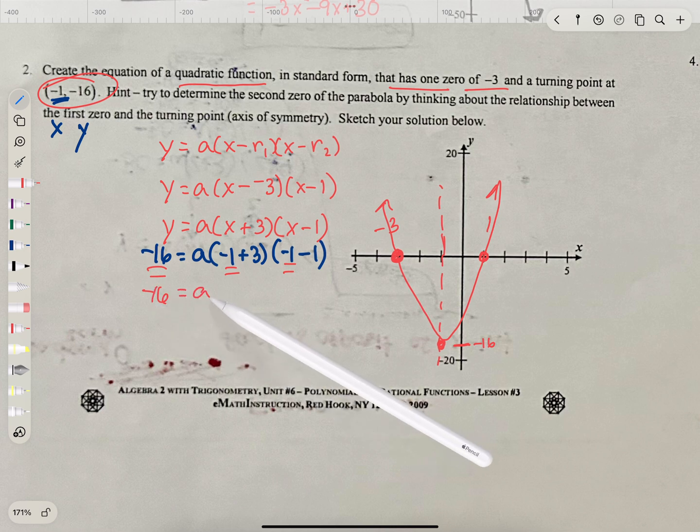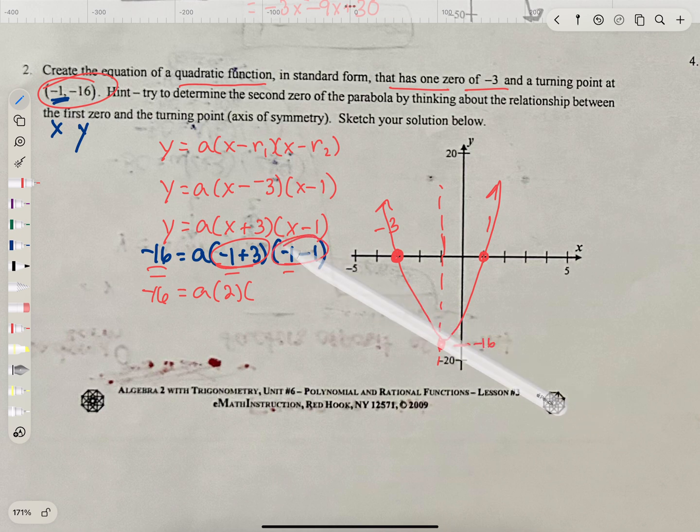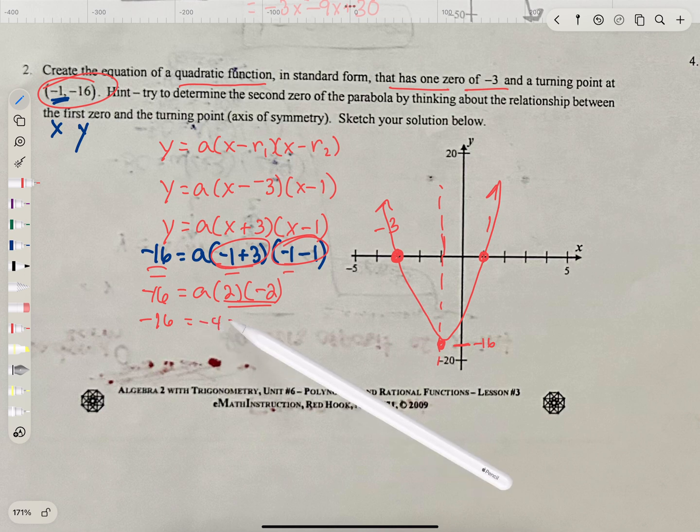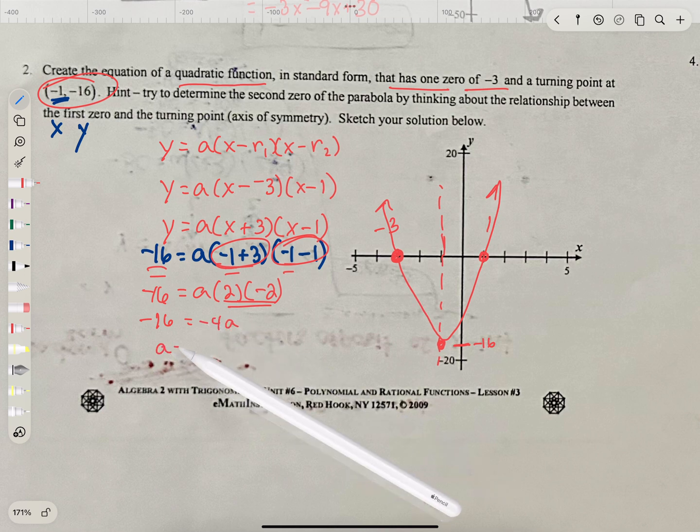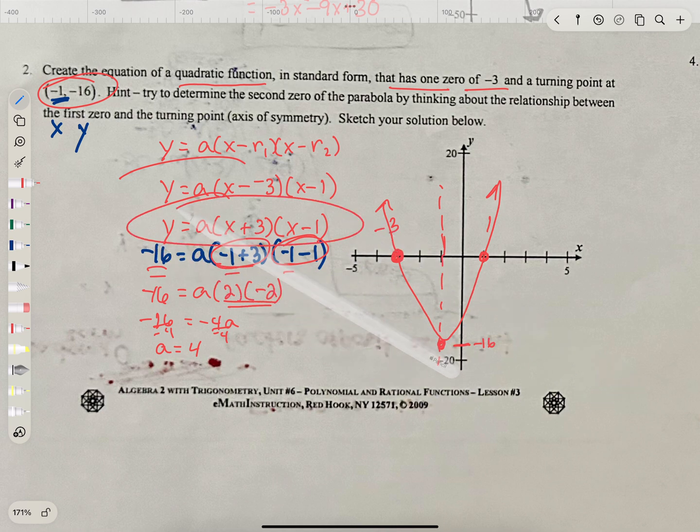I figure out what's inside the parentheses first. I get that a alone, so 2 times 2 is 4, but it's a -4, and divide by -4 on both sides. That gives me my a value, +4.